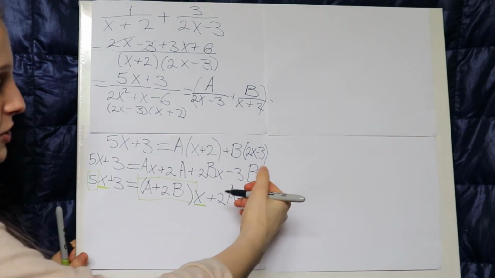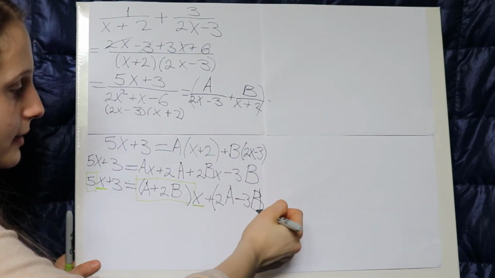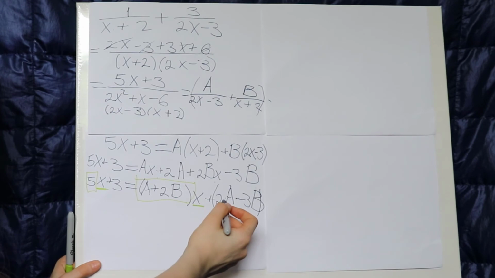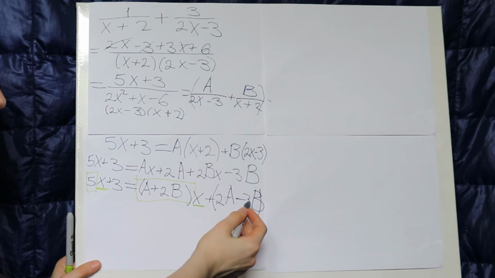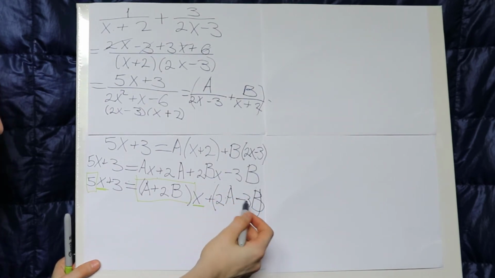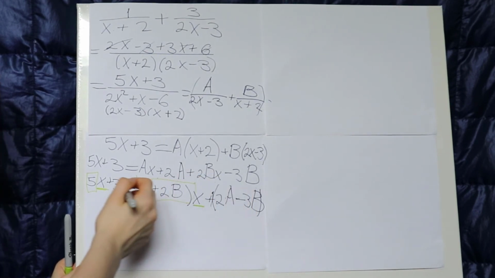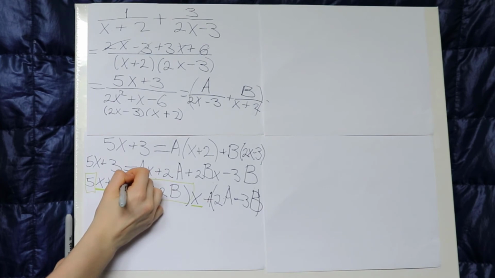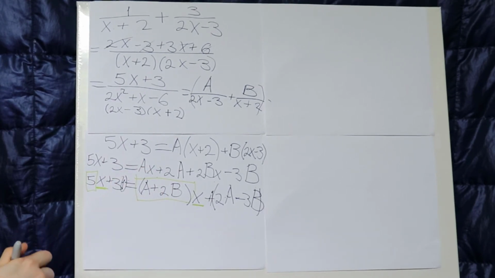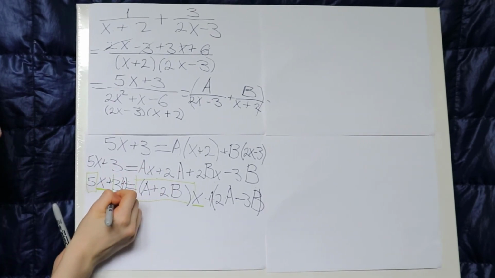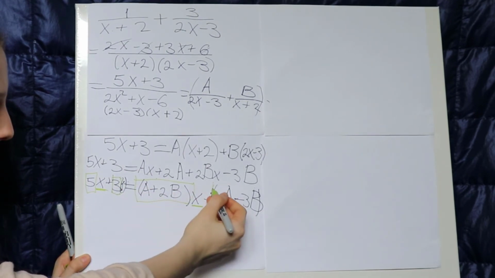If we just put this into parentheses, like 1 times 2a and 1 times negative 3b, it would still be the same, but there's a little 1 here, and there's a little 1 here. So now these parts also become equal.